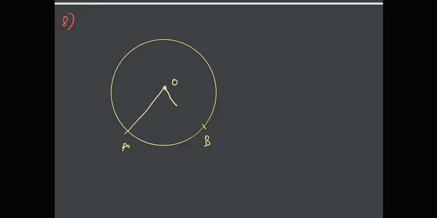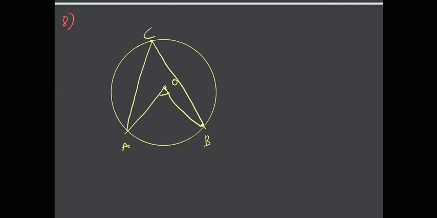So the next property is that, let us say there is a circle and say there is an arc AB. Okay. So the angle which this arc subtends at the center of the circle, this angle would be double the angle that this arc subtends at any other point on the circumference.